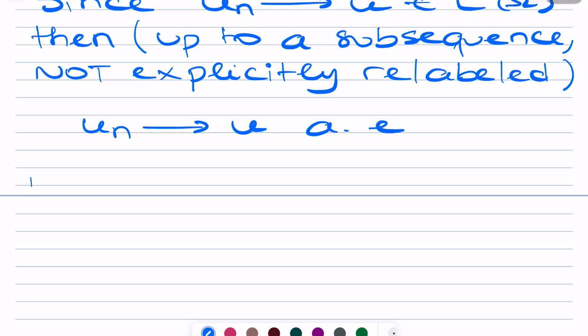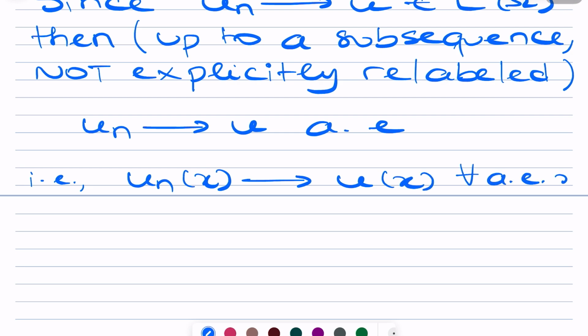This means that un of x converges to u of x for almost every x in omega. I might not write x in omega, but you should know that x lies in omega.